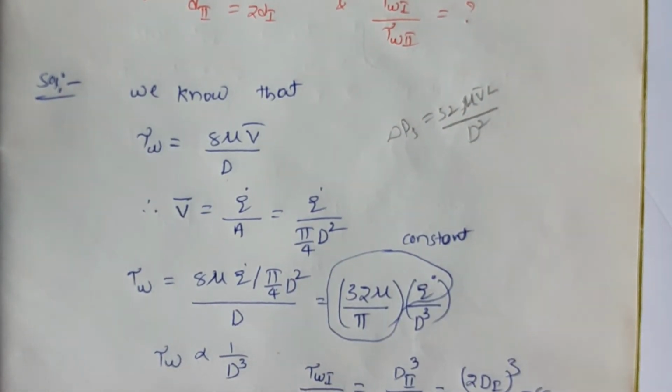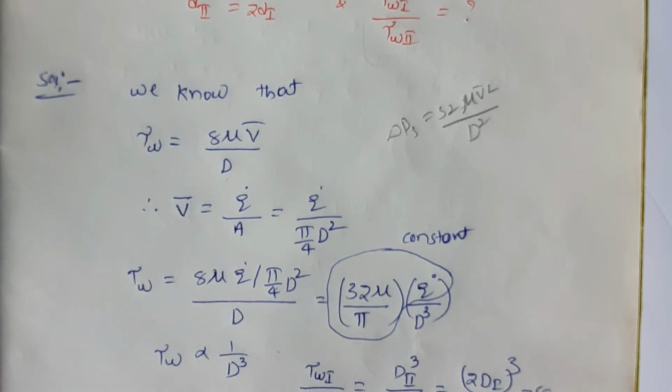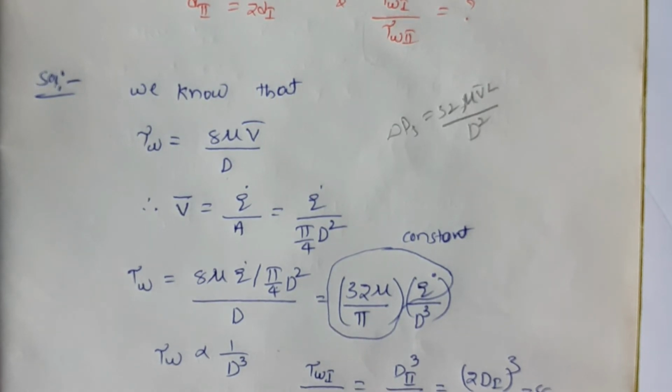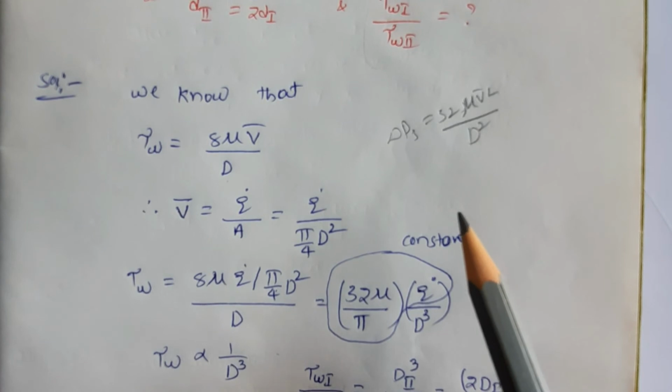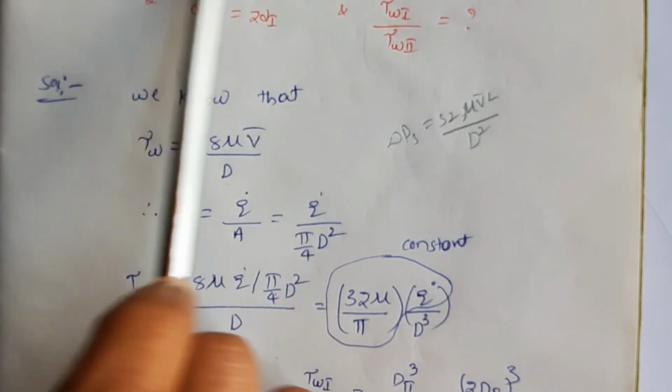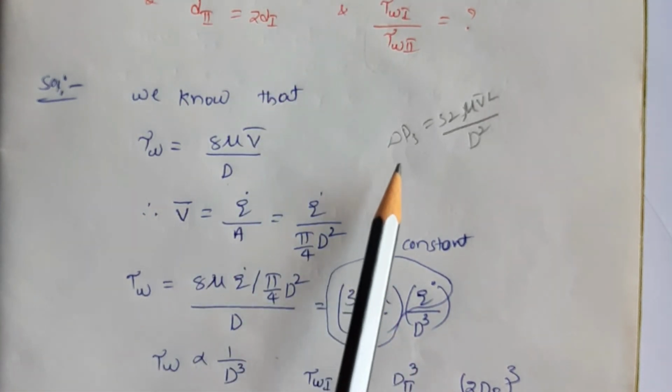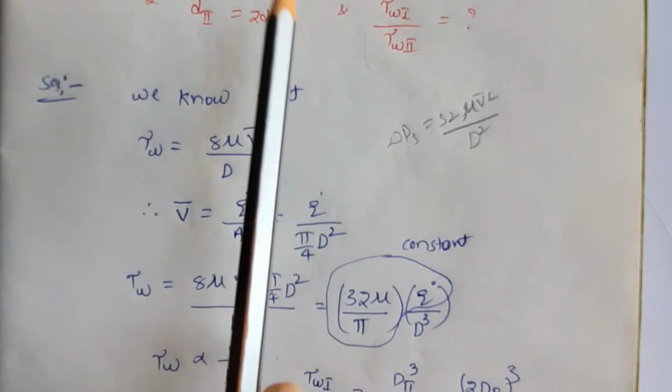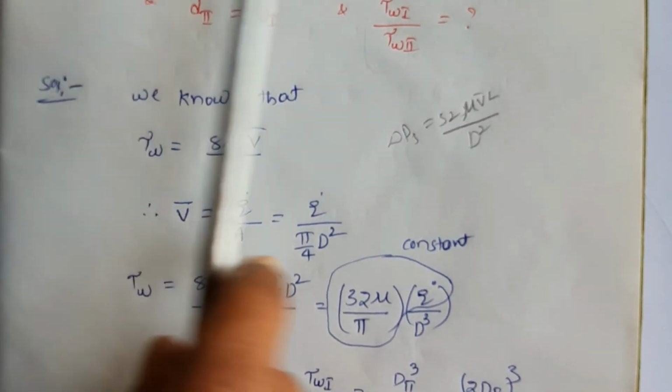Actually, pressure for a steady flow, either laminar or turbulent, is constant for a given cross section in a single pipe. But here we are taking two different pipes, so we cannot take pressure as constant in both the pipes, but the fluid is the same, flowing in both the pipes.